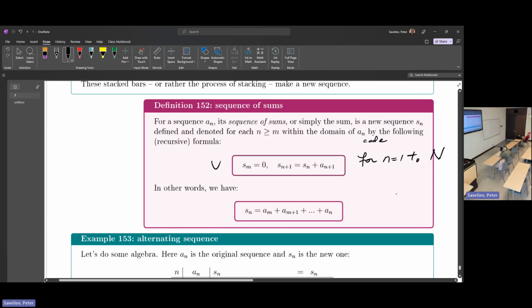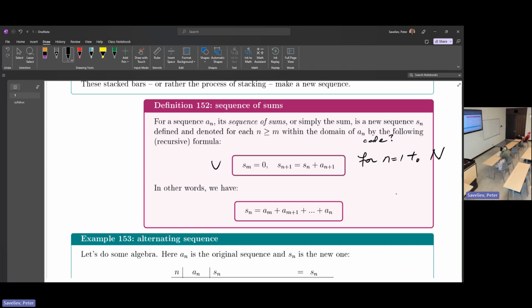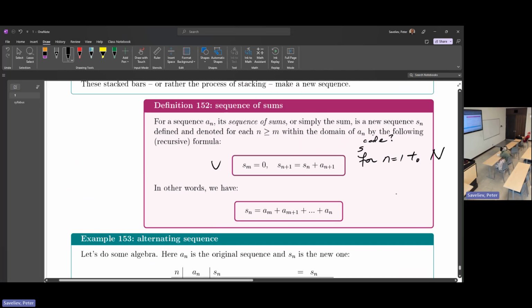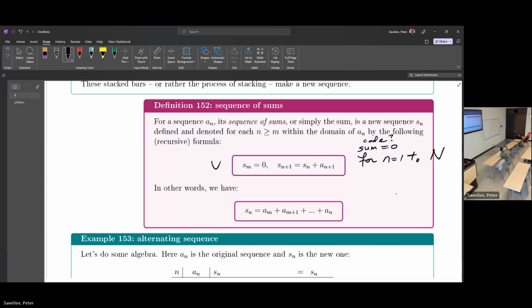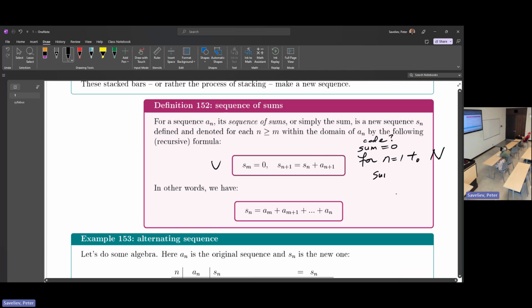What's missing? We should initialize a sum. Let's call it sum, and set it at 0. Then we go through the loop, and sum is updated.